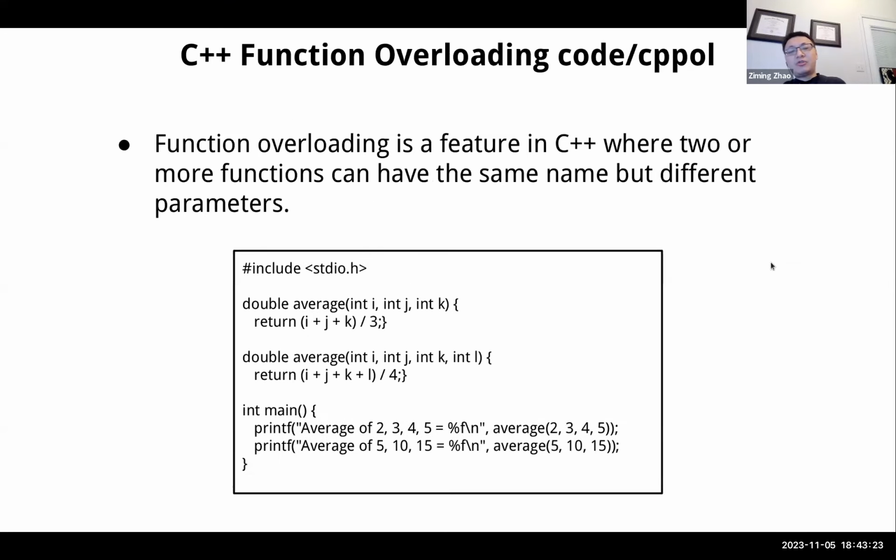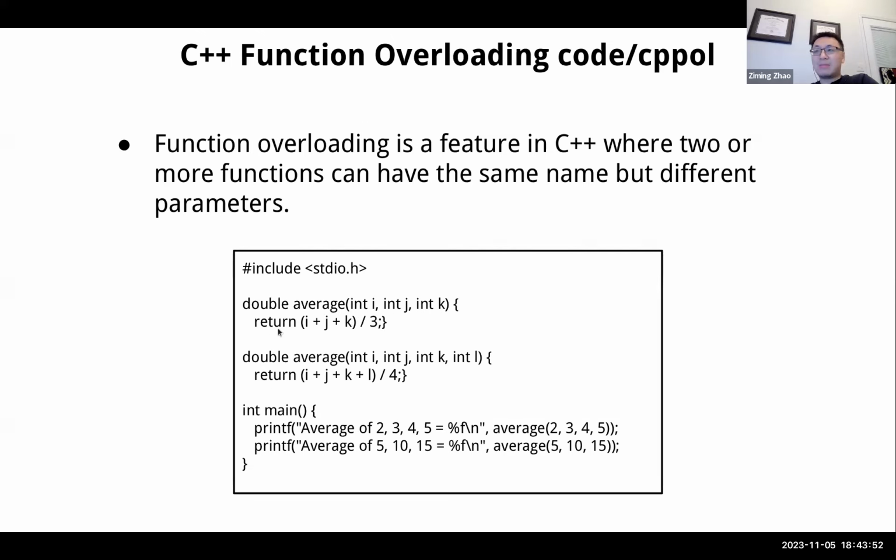This feature is actually different from the C++ feature of function overloading. I remember C doesn't really have function overloading. Some of you probably program in C++. In C++, you can define two functions with the same name but different parameters.